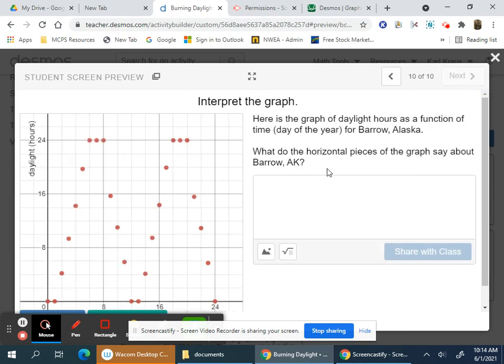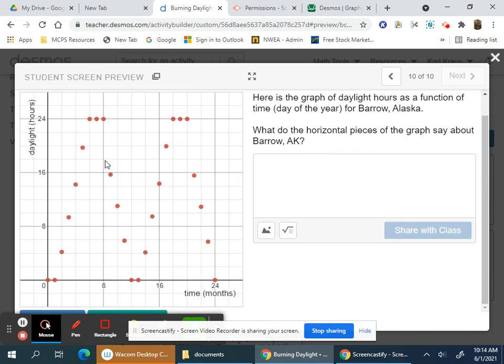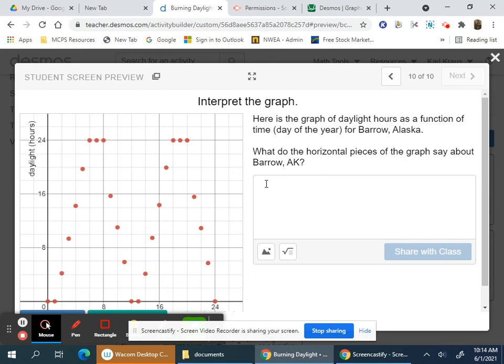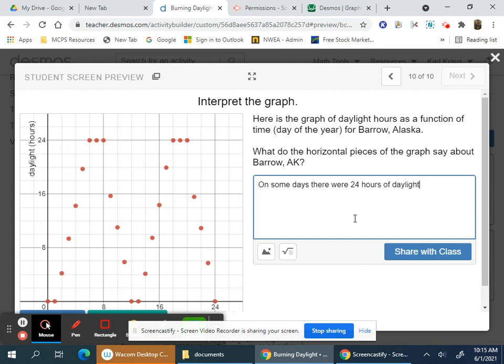So what the horizontal pieces mean is that on some days, in the summer months in Barrow, there's sunlight all day.